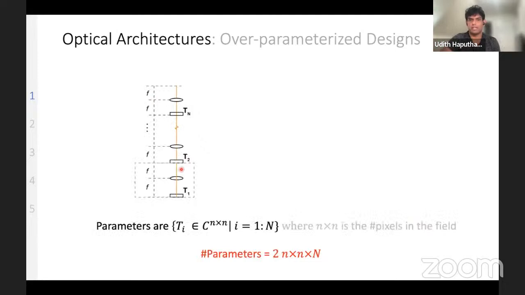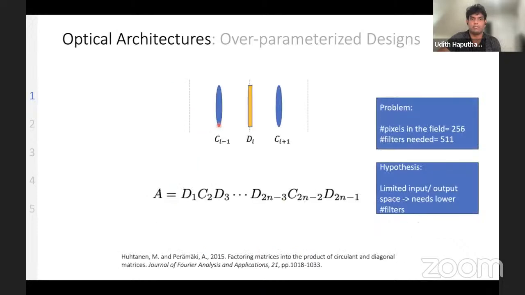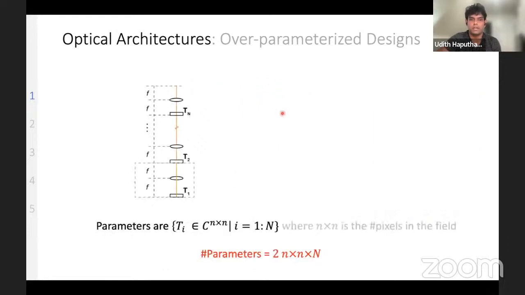This is the optical design we are proposing. The idea is basically stacked lenses, and in between there are filters. It is similar to this equation here, where this particular CDC will be represented by a filter-lens setup.